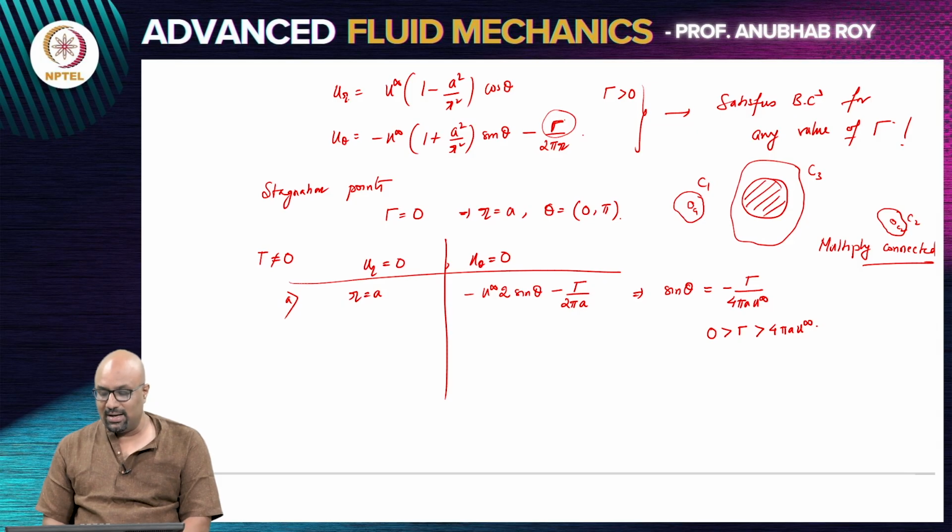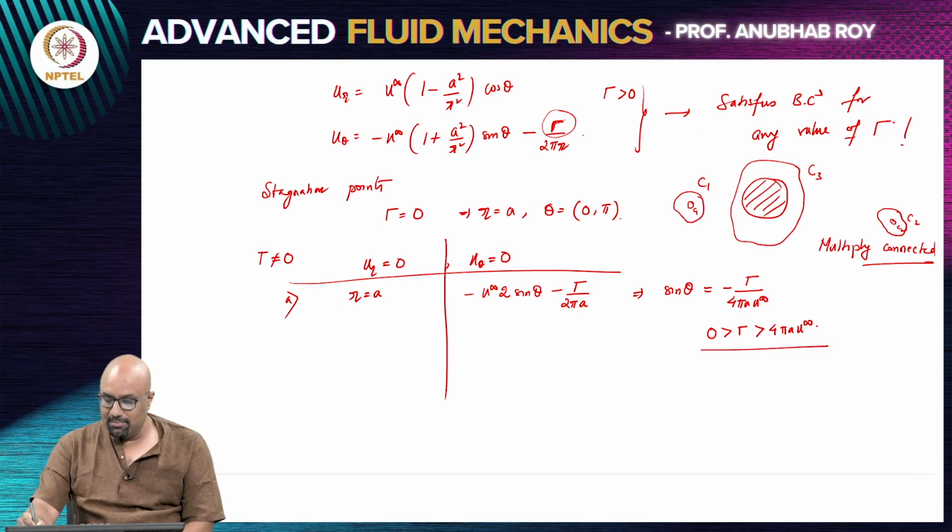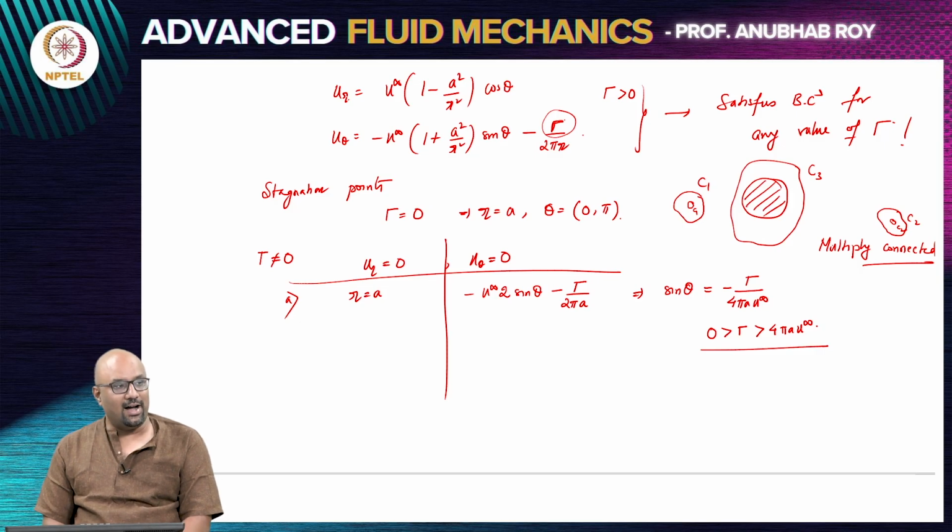Because the moment gamma is greater than the denominator, then the value of sin theta exceeds -1, or rather it's the magnitude is larger than 1. So there is no physical solution for any theta the moment gamma exceeds 4 pi A U infinity. So the only validity of this is when the circulation is bounded by this value.